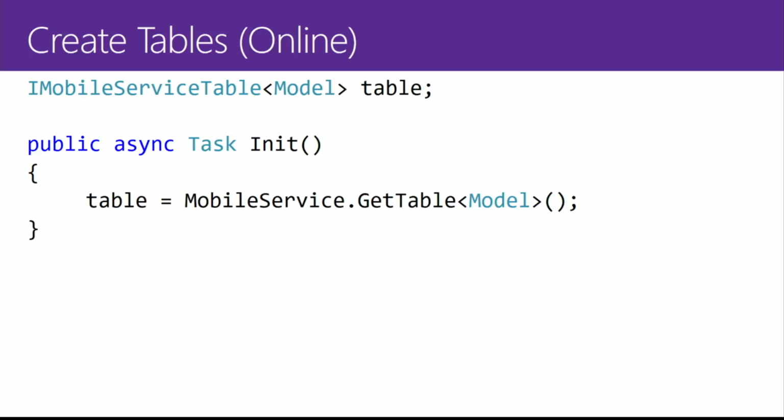So to create an online table, you just create a mobile service table with a specific model. That model class you create, and then when you're initializing your backend in the client, you just get a reference to that table, and then you can use it with LINQ queries, for example, with just being able to use it as a standard collection.